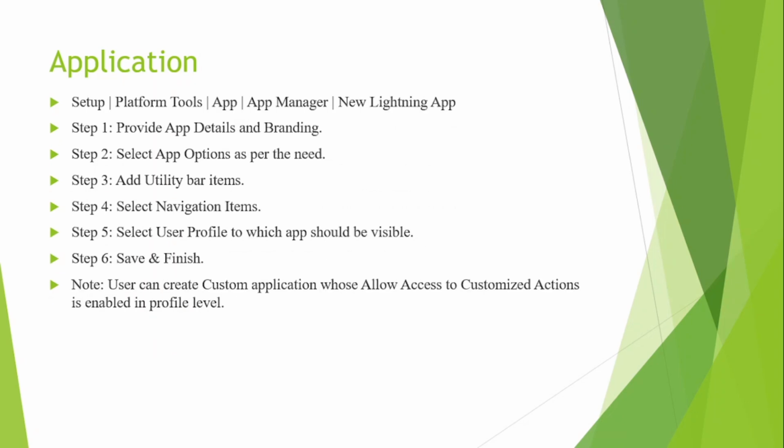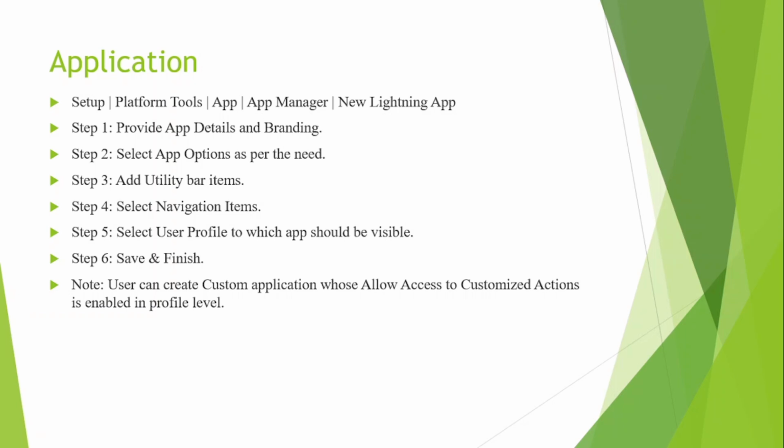So how to create the application? In Lightning mode, we have to click on Setup, Platform Tools, Apps, App Manager, New Lightning App. In step 1, we provide the app details and branding.